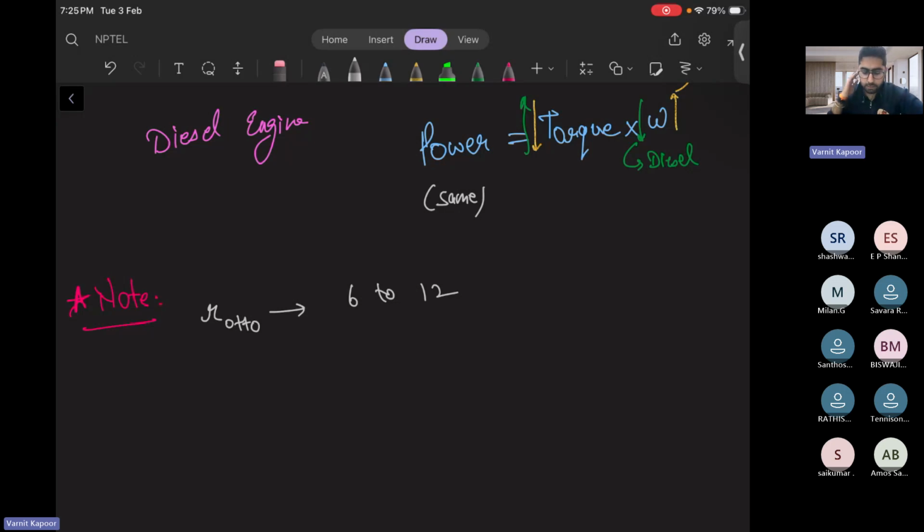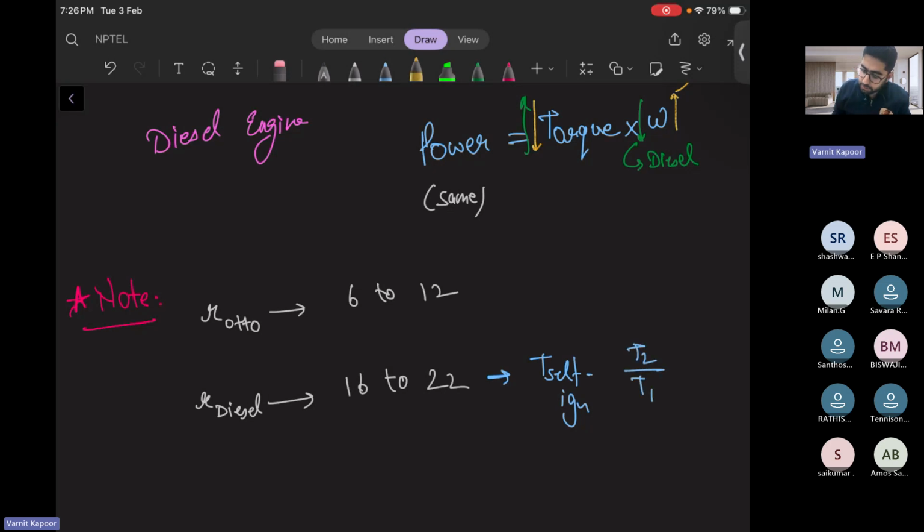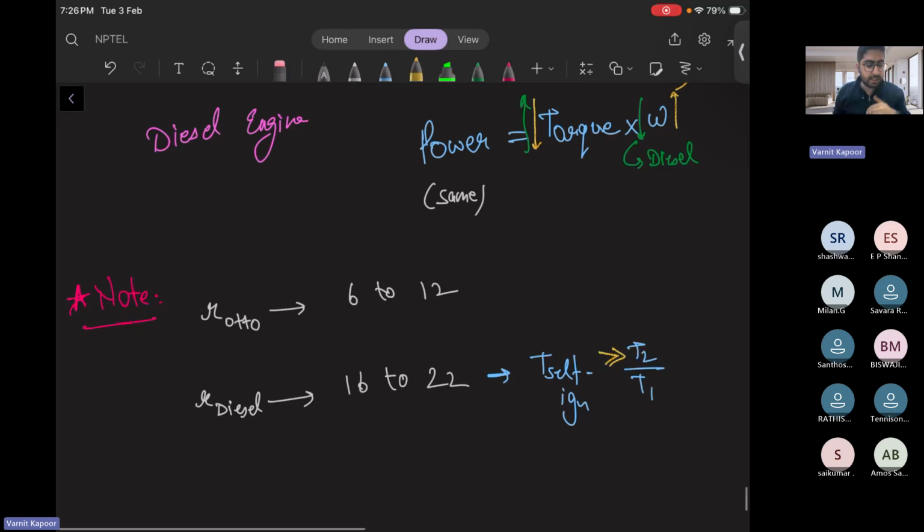Whereas for the diesel cycle, R is from 16 to 22. T2 by T1 is your ratio, and T self ignition will be lower than T2 because your compression ratio is high.